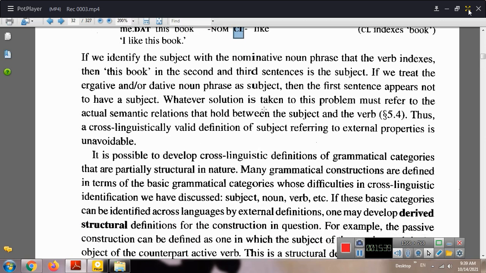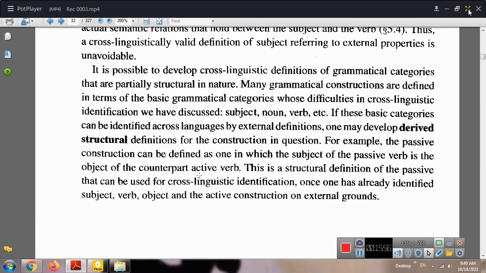Whatever solution is taken to this problem must refer to the actual semantic relations that hold between the subject and the verb. Thus, a cross-linguistically valid definition of subject referring to external properties is unavoidable.